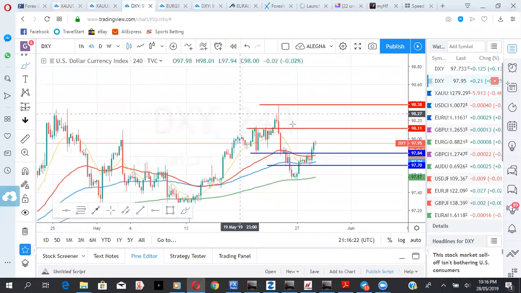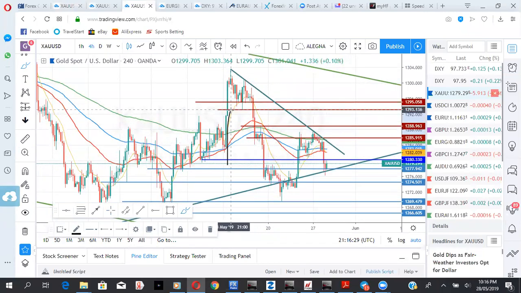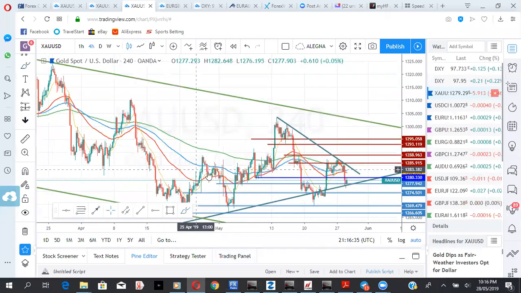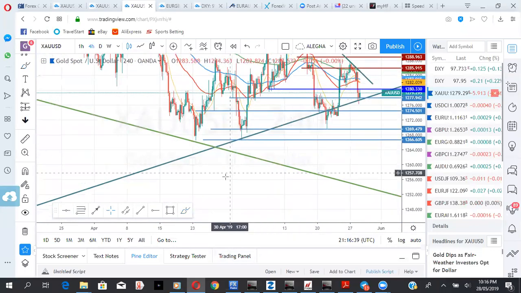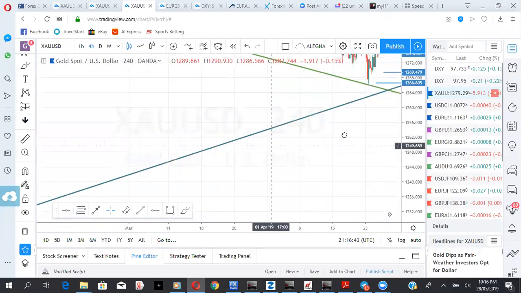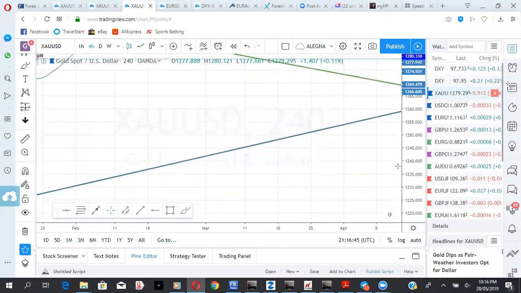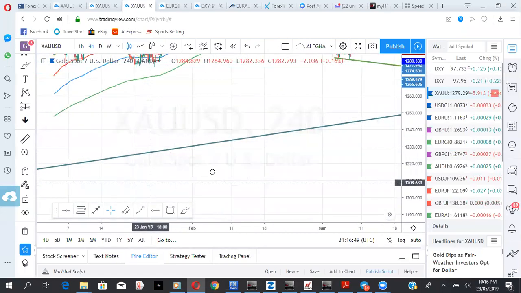So knowing that, we go over to our gold chart, and as we can see, there is a trend line running somewhere from here.